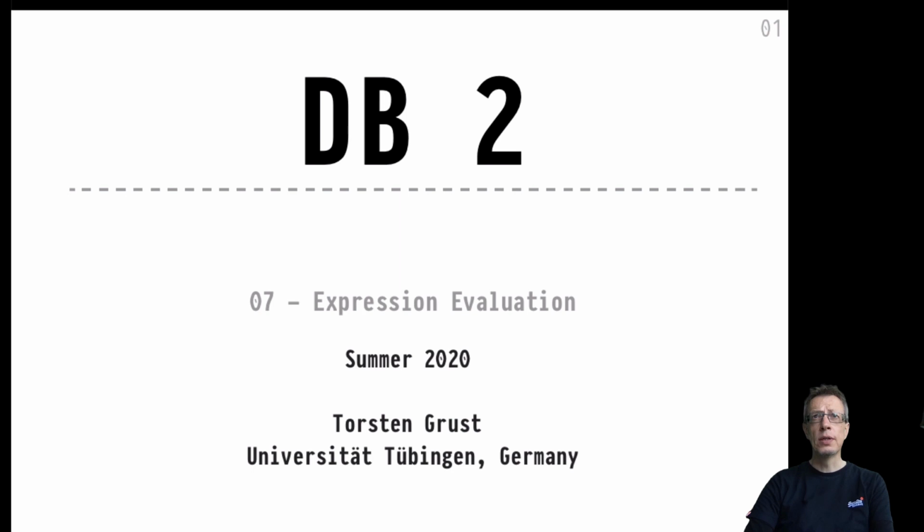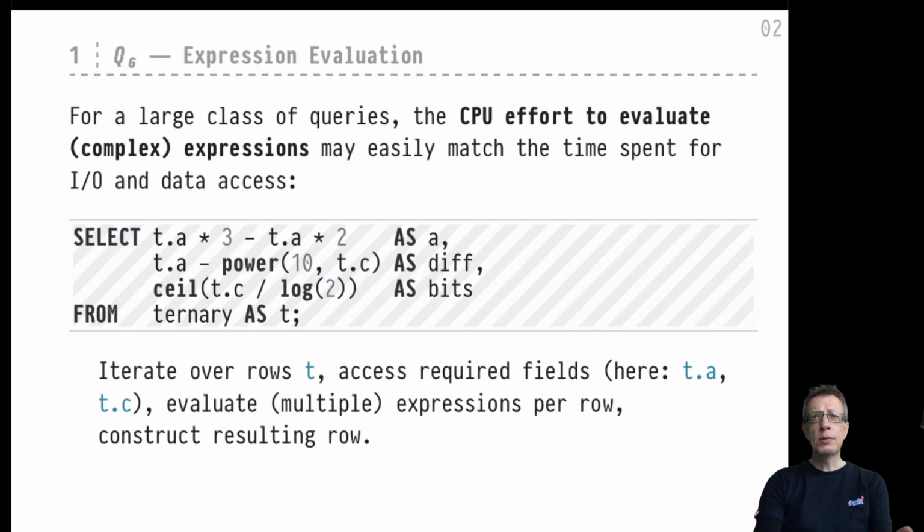Expression evaluation. This is a topic that is sometimes ignored when it comes to the study of database systems and query processing, because the focus tends to be on the access to the tabular data or efficient indices or page organization or I/O and so on.